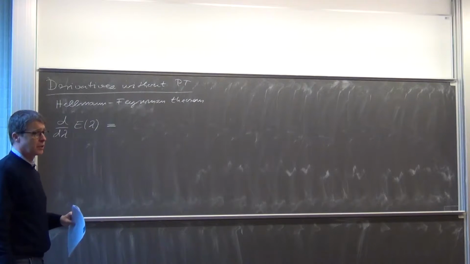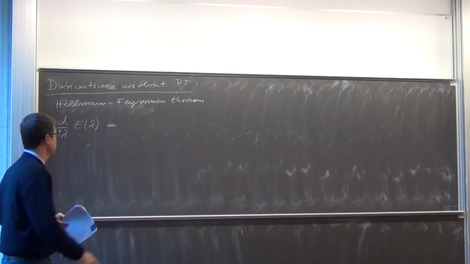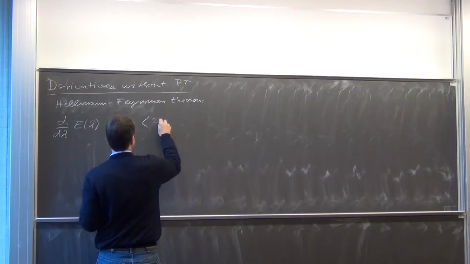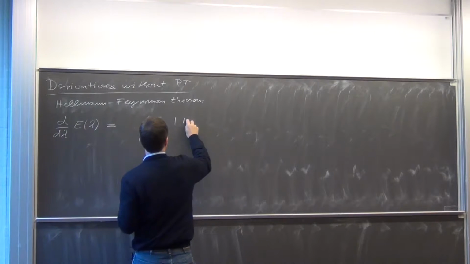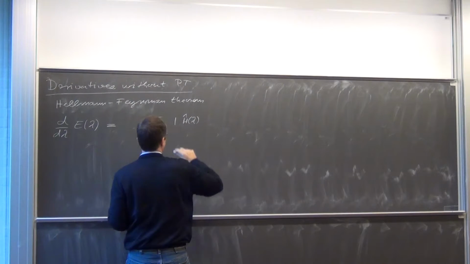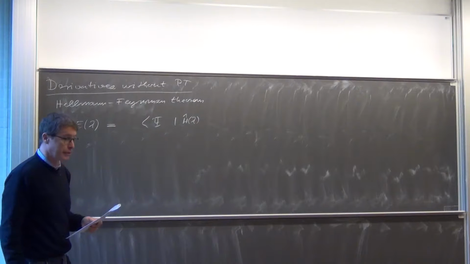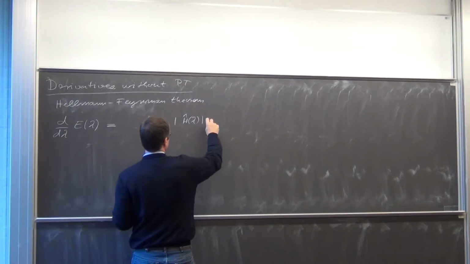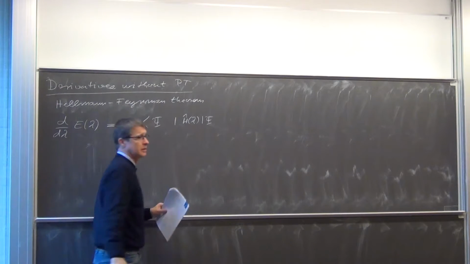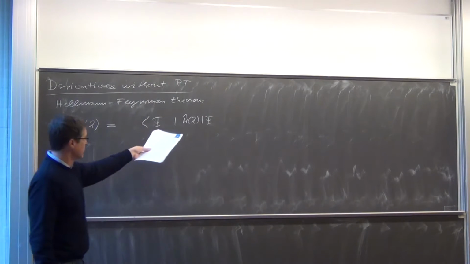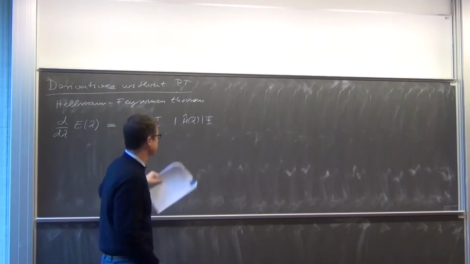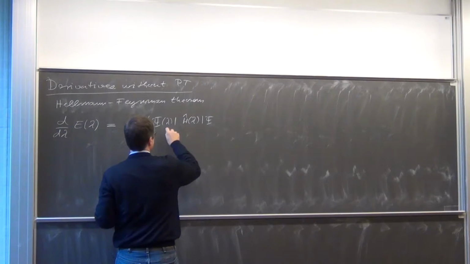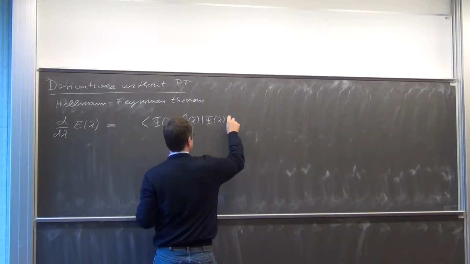Now, for the exact states, of course, I would calculate the energy just as the expectation value of my Hamiltonian, which depends on this parameter. And if those are the eigenvectors of this Hamiltonian, the solution to the Schrödinger equation with that Hamiltonian, then they of course depend on this parameter as well.